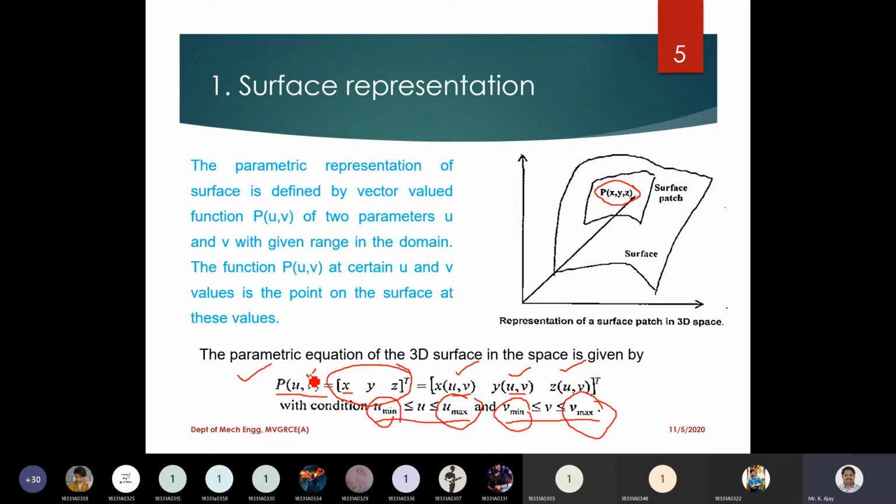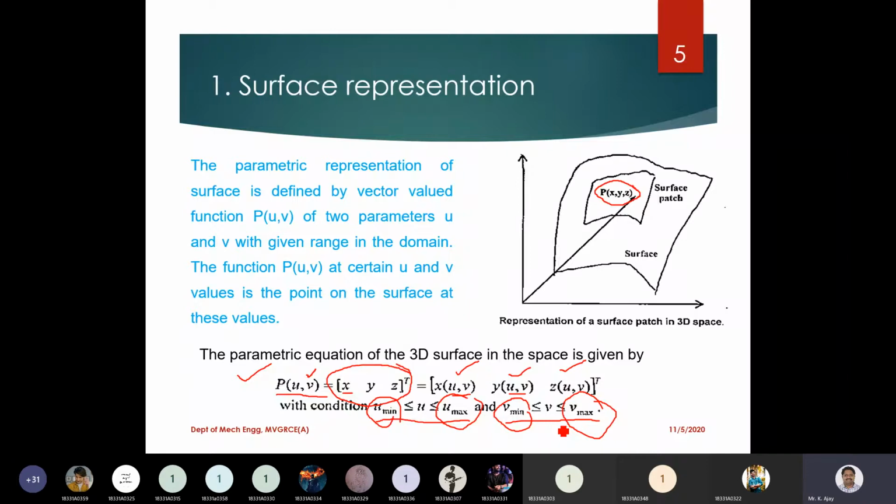So two independent variables, u and v, and both will have their own range between a minimum and maximum value. By varying both u as well as v, I can get the surface. That's the major difference between a curve and a surface.